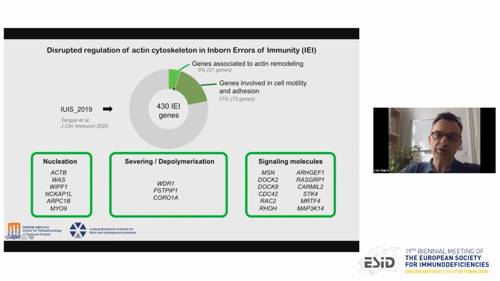Today we know about 20 such genes, which are listed in the boxes here below, which, when mutated, are responsible for some of the inborn errors of immunity.